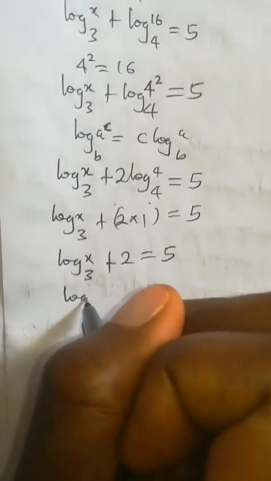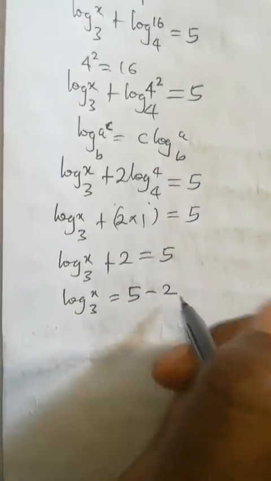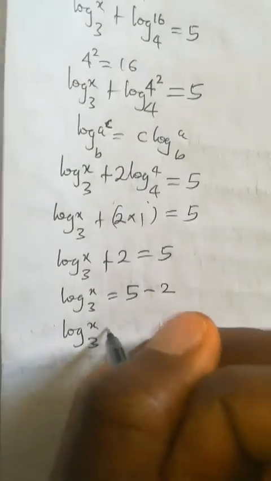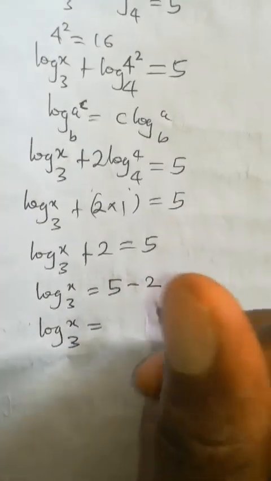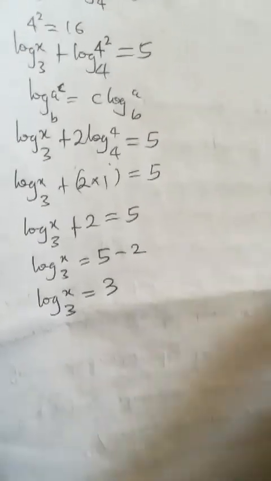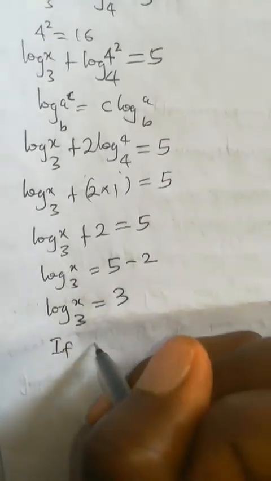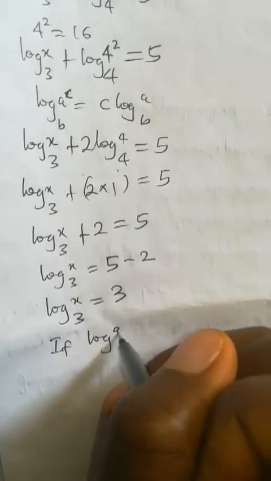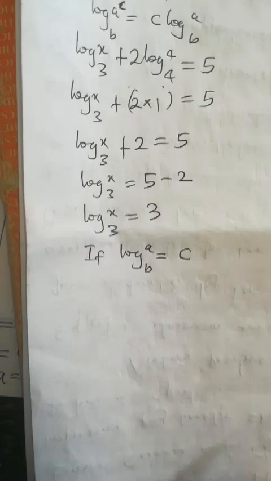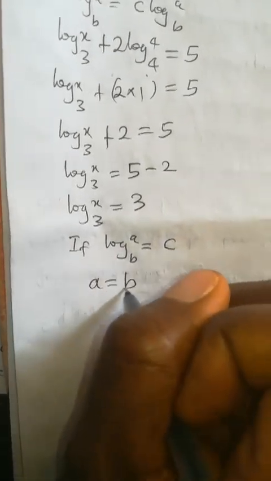So we can say log x base 3 is going to be 5 minus 2, which gives log x base 3 is equal to 3. We know that if log a base b is equal to c, and we want to do away with the logarithm, a is equal to b to the power of c.